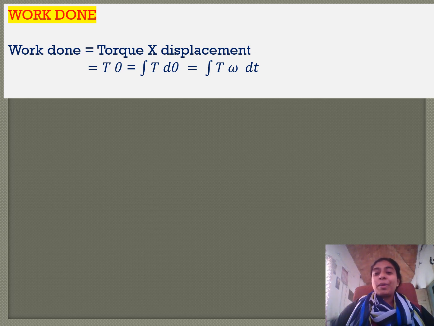We know angular velocity omega is equal to the differentiation of angular displacement, that is omega is equal to d theta by dt. By substituting d theta is equal to omega into dt, we get work done is equal to integration of T omega dt. Just remember, work done is equal to torque into displacement, force into displacement, or moment into angular displacement.